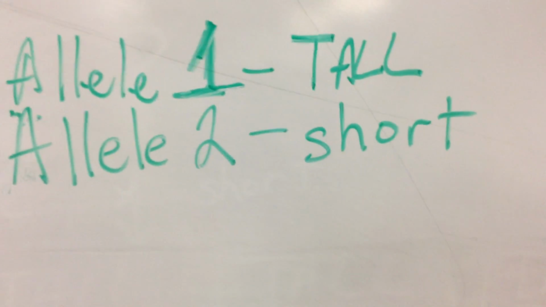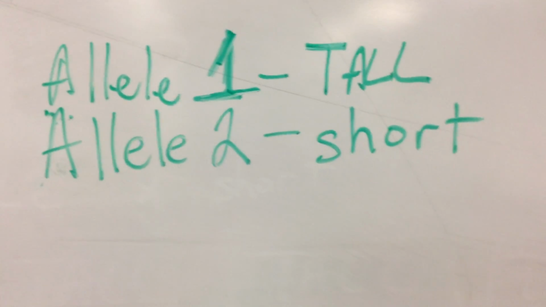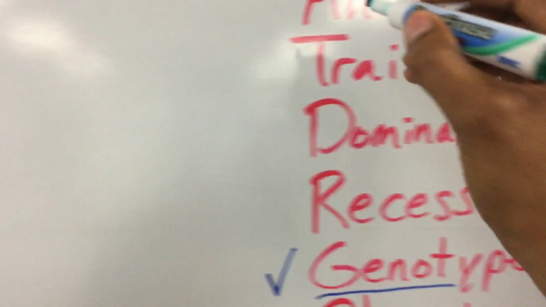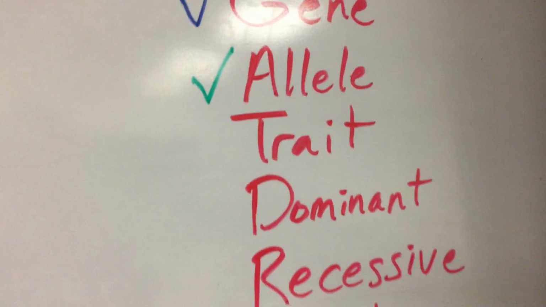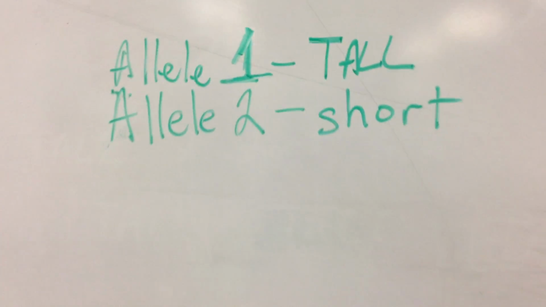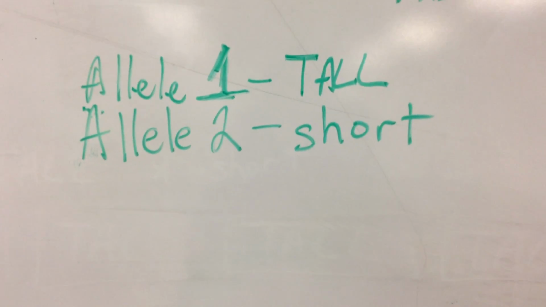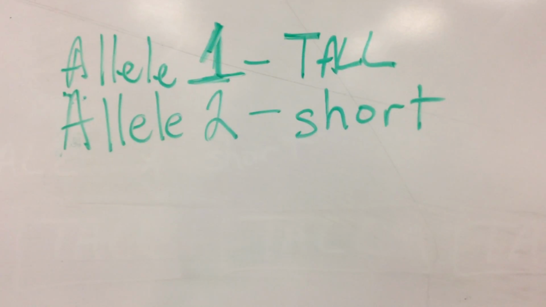And the allele is actually expressed in the organism. So the allele is really just a version of a gene. So here we have two different alleles for the gene. We have a tall allele and a short allele.